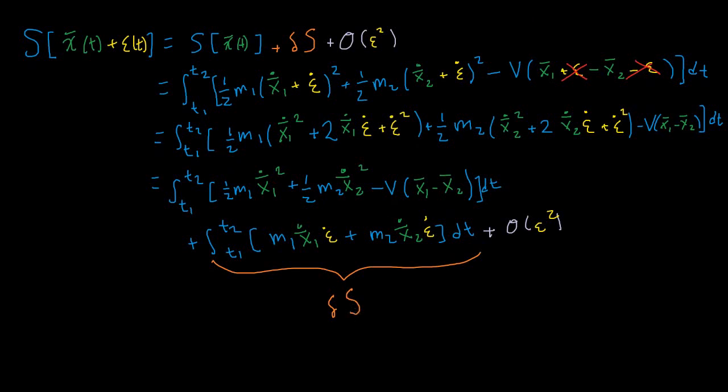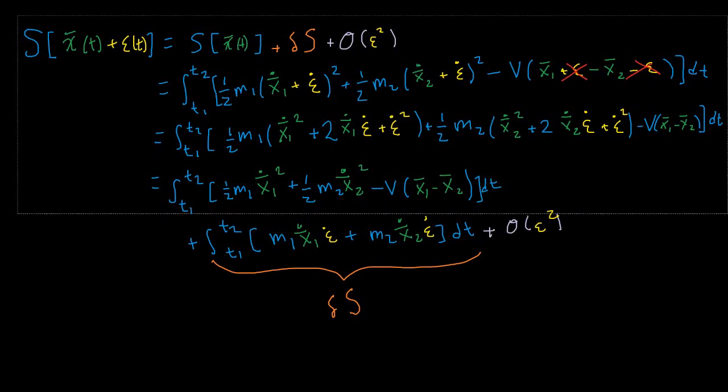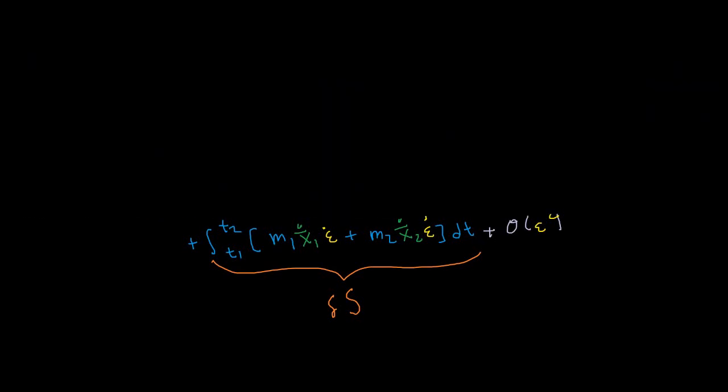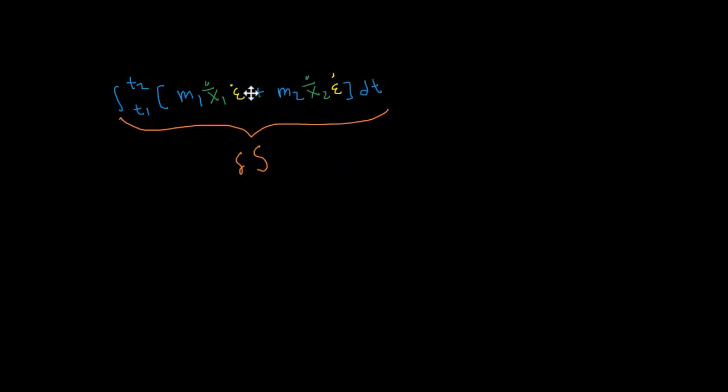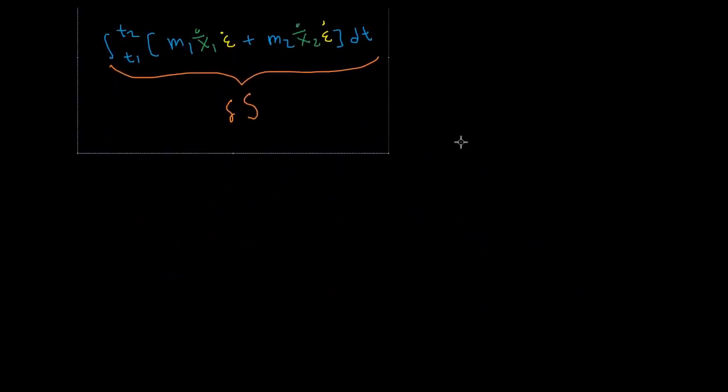All right, now here comes everybody's favorite part of the video, the part where I clear everything away. An extremely satisfying part of the video. Okay, so put this up here. We want to say that 0 equals delta S, which is equal to this thing.